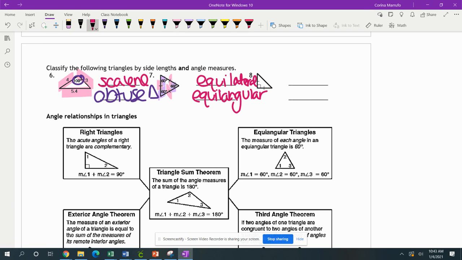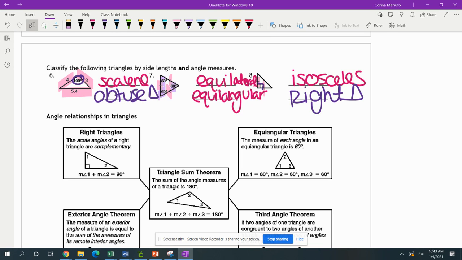And then the next one, they tell us that two of the sides are congruent, so this is going to be isosceles. And then this one is right. So isosceles right triangle, because it does have that one right angle. Okay, so that's how we label them by names.